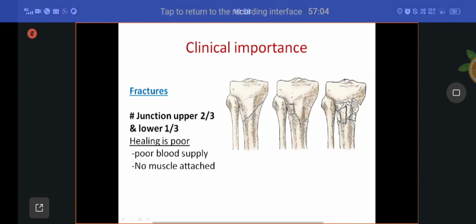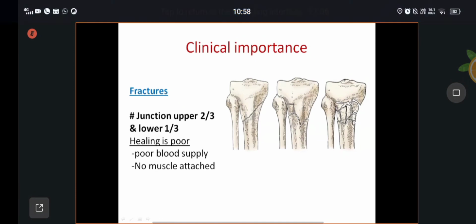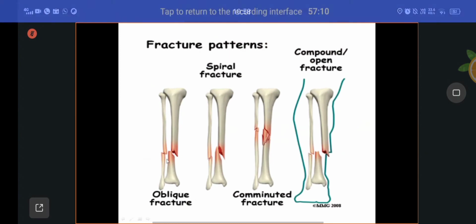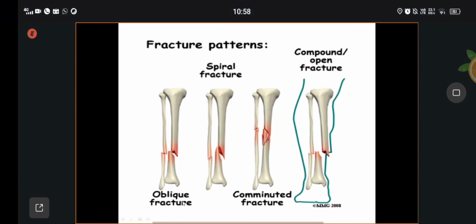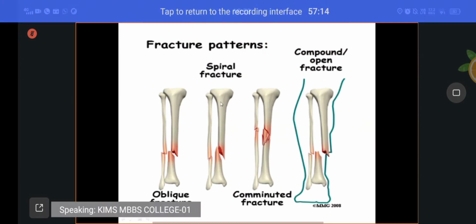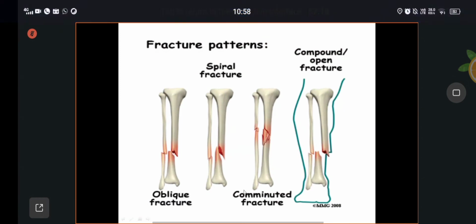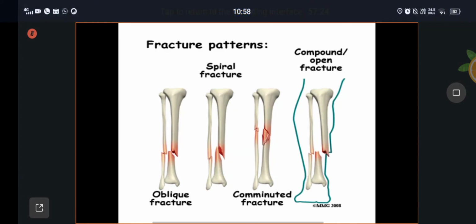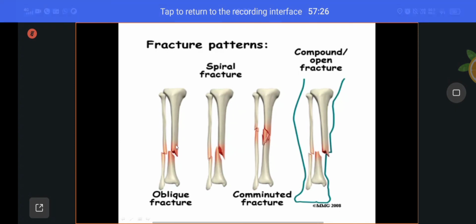These are some of the fractures of the upper end of the tibia, only a single fracture. Here you can see multiple fractures, multiple fragments of the tibia. And in this picture, you can see the oblique fracture and the spiral fracture depending upon its direction. And the comminuted fracture.